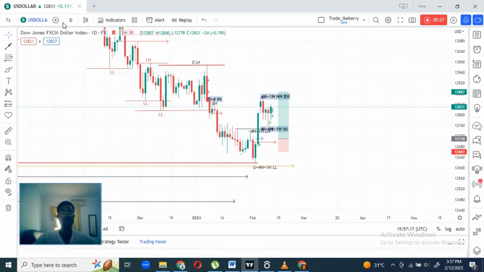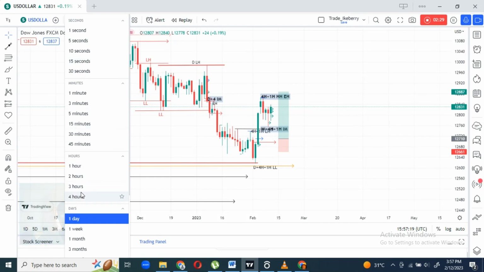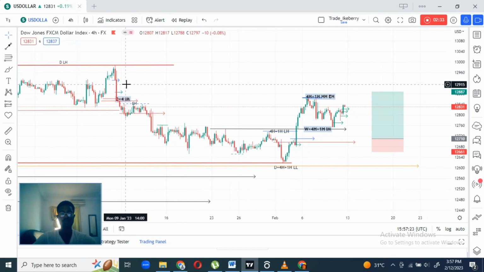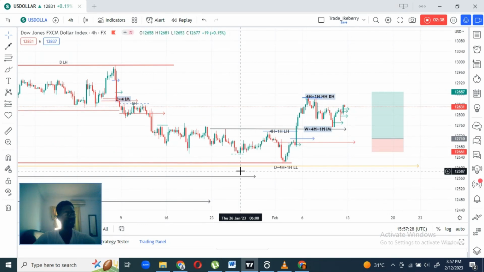Last week, price is something that we're all waiting for. What did price do over last week? We had a choppy, correction, or rangy move for some weeks now.